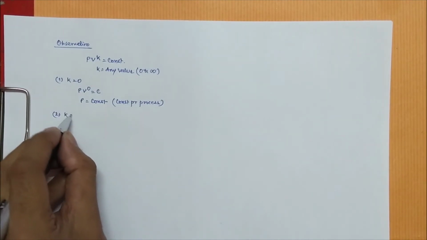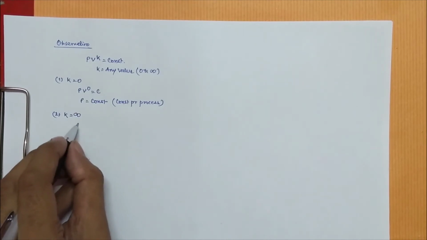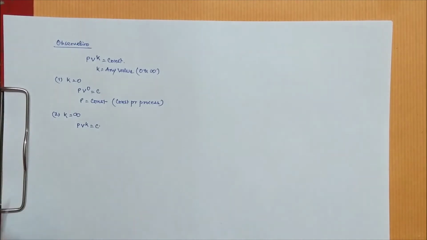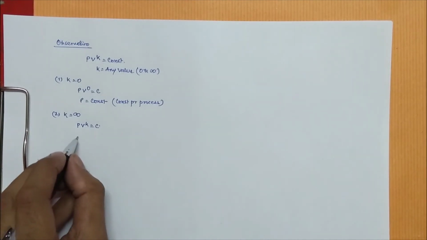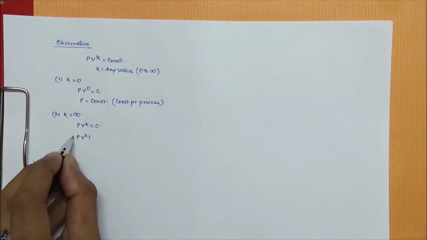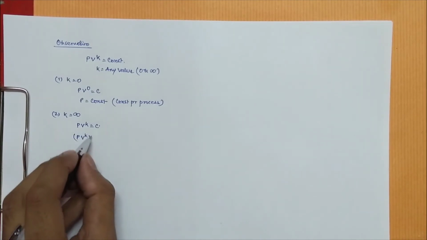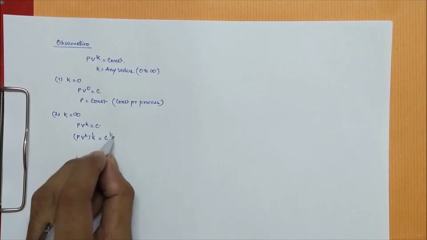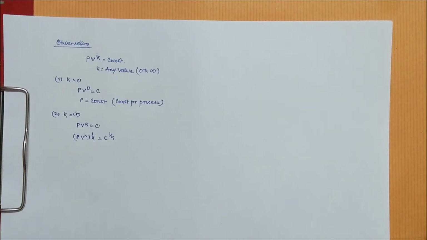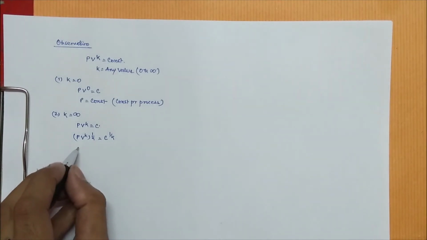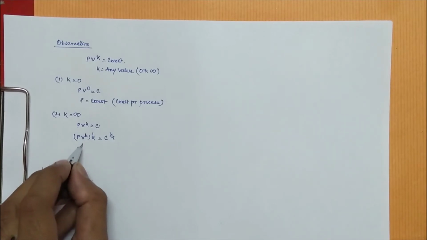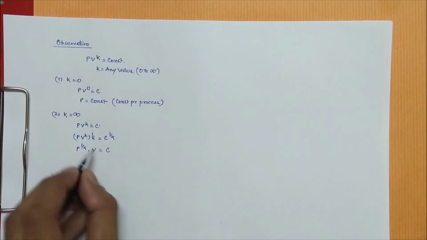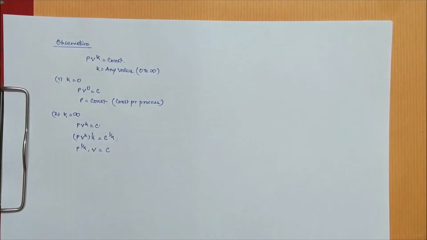When k is equal to infinity, suppose PV to the power k is constant, right? We can raise both sides to the power 1 by k, P into V to the power k, whole to the power 1 by k, is equal to C to the power 1 by k. We are simplifying this. Then we have P to the power 1 by k into V is equal to constant, because this is again a constant.